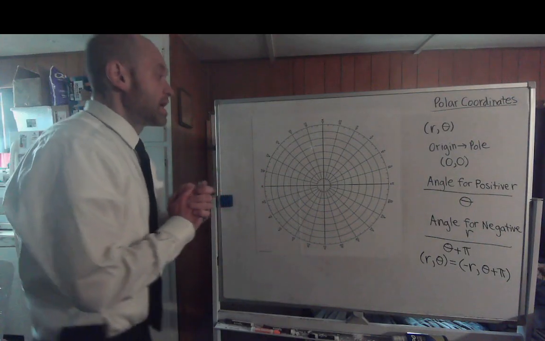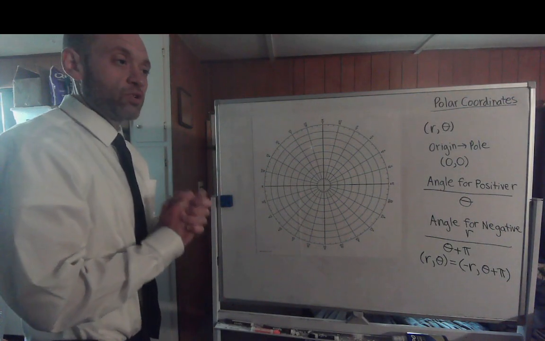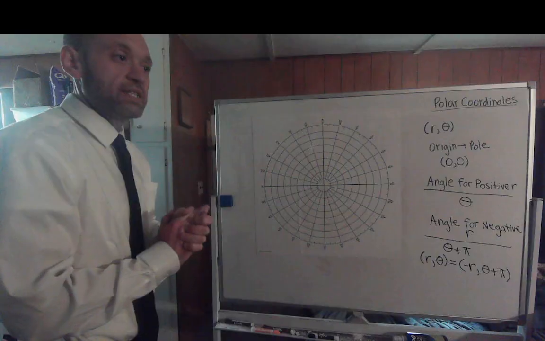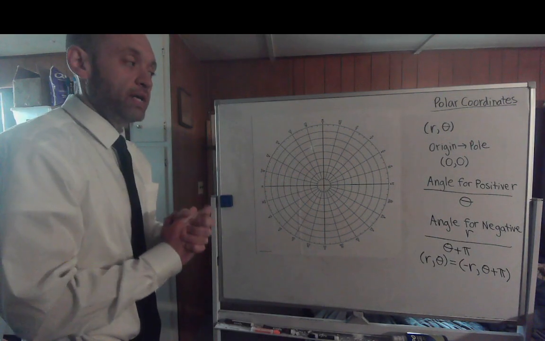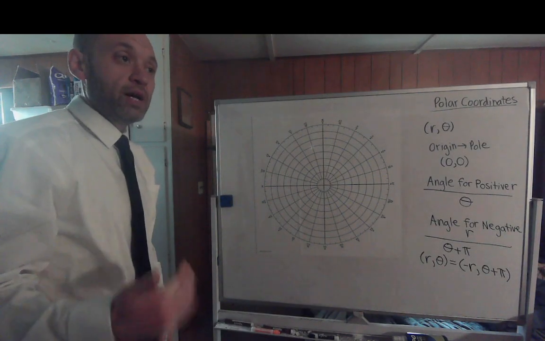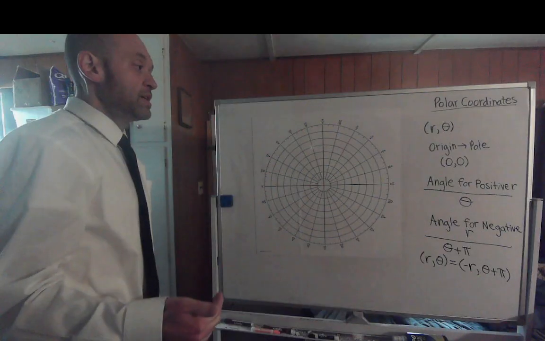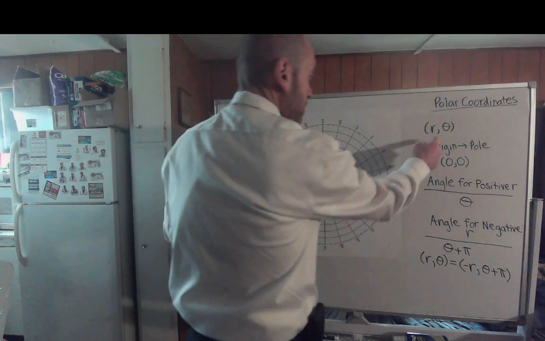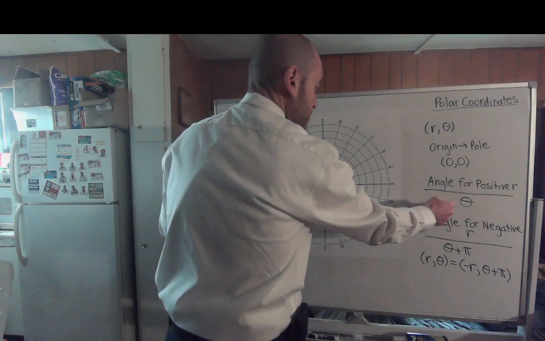Now, when it comes to rectangular coordinates, there's really only one way to list a given point in the coordinate plane. With polar coordinates, there's infinitely many possibilities. If your r is positive, you're just going to use theta for your angle.